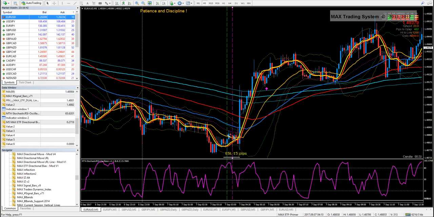Here, this red candle is a potential exit setup bar, but the exit does not trigger. So we have to wait for another opportunity. Once you learn the rule, you will understand why the exit has not triggered. In this example, this red candle is also an exit setup bar, and in this case the exit triggers.